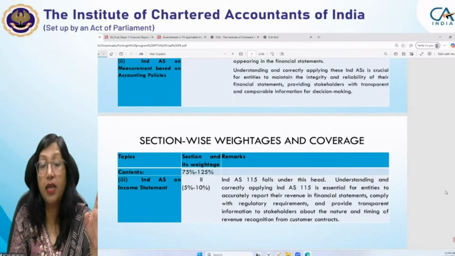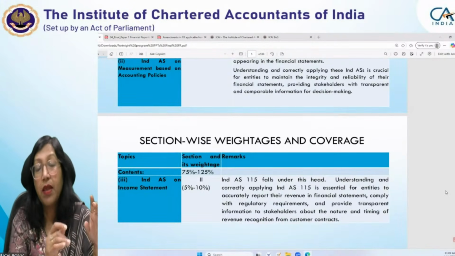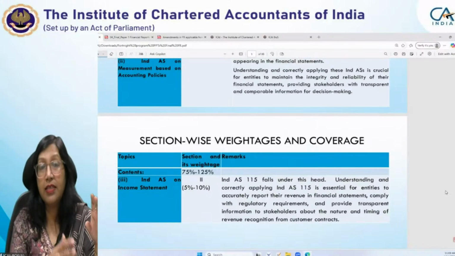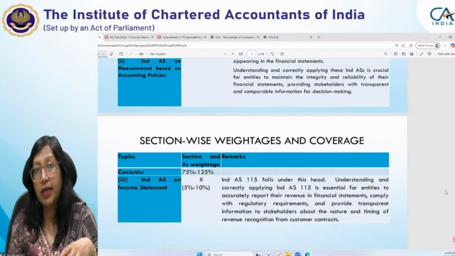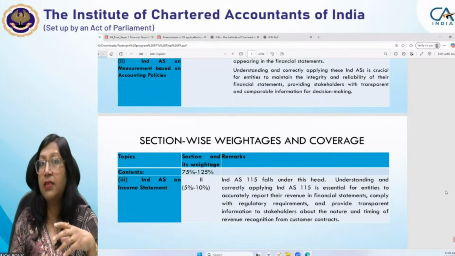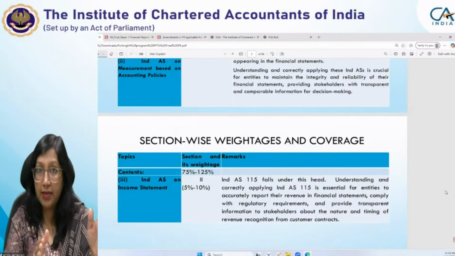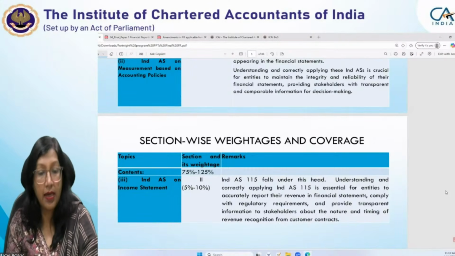One important thing: under an Ind AS based financial statement, goodwill is shown separately from intangible assets. And then non-current financial assets and your other items, and then current assets. Under current assets, inventories, your financial assets, your other current assets. This should be the step. First assets, and then your equity and liabilities.